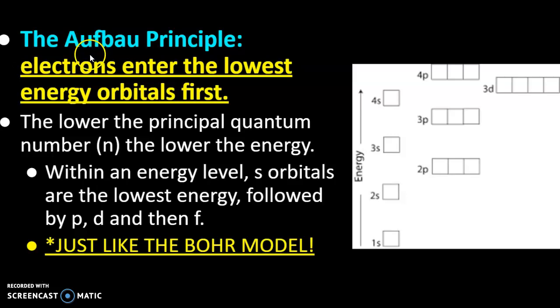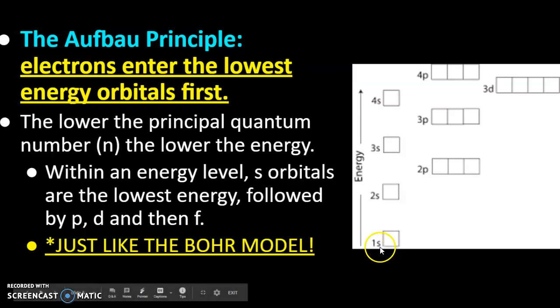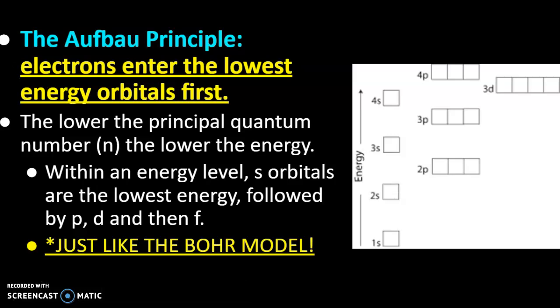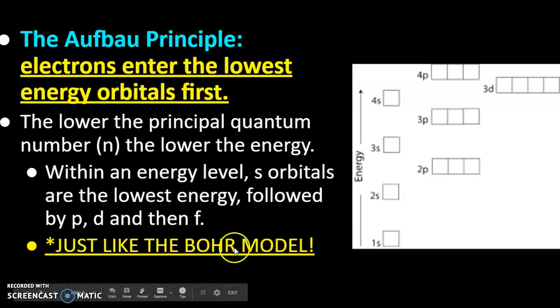You can see it based on the numbers: the lower the principal quantum number, the lower the energy. The electrons start to fill in the first level first, and then once two electrons have entered there, it's going to move on to the second principal quantum number, the second shell, to move on to the higher energy. This is very similar to the Bohr model from the last video.